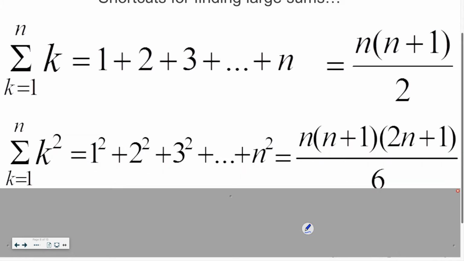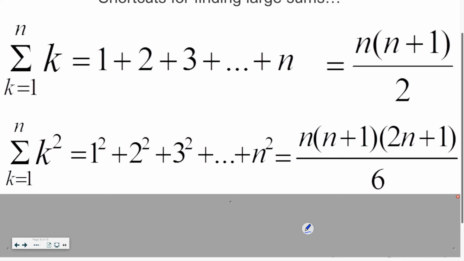If you have the sum from 1 to n of k squared, instead of doing 1 squared plus 2 squared plus 3 squared and so on, this is our shortcut.